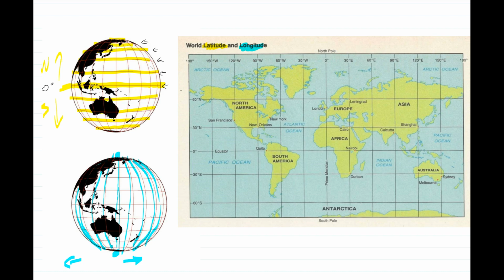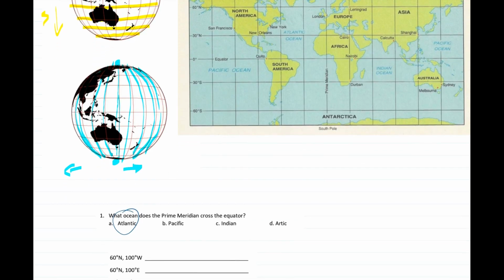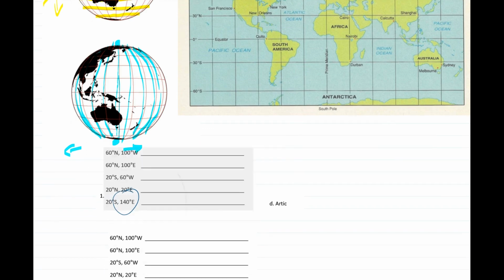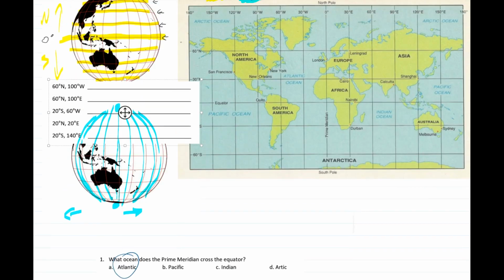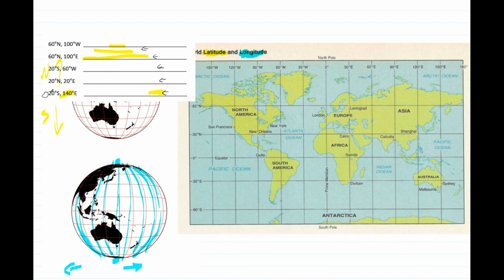Okay, so first question we have is, where is this place here? 60 degrees north, 100 degrees west. Actually, what I'm going to do is move this up so it's right next to the map, if that's okay. And we'll get rid of these things here.